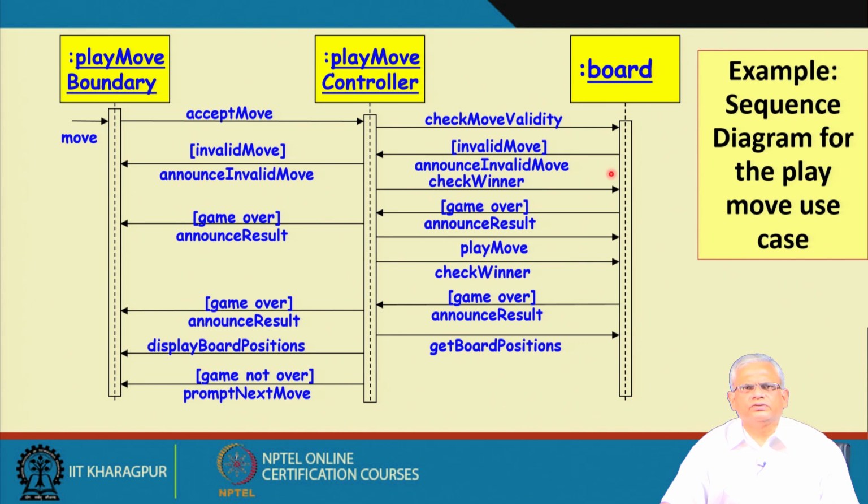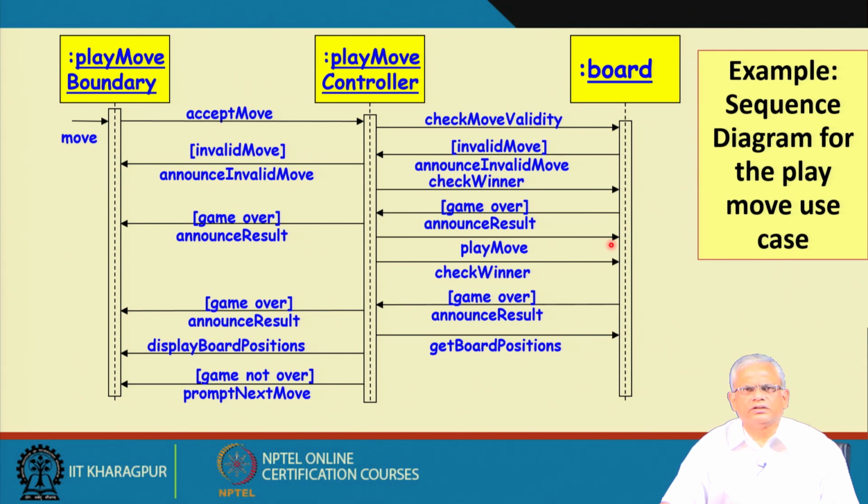Many novices make the mistake of assigning a method to a class which does not have the necessary information. And similarly, the play computer move is also a responsibility of the board class.